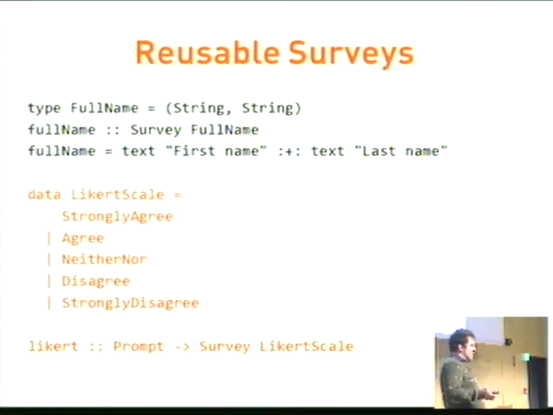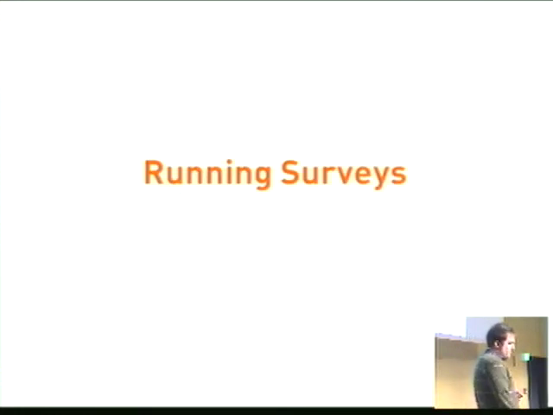If we create a data type for the Likert scale, it makes sense for Likert to be a parameterized survey, given some prompt or statement with which the respondent can either agree or disagree. Then it creates a multiple choice question for them to select some point along the scale. You might ask, Haskell is great, and most of them will agree, I'm sure.